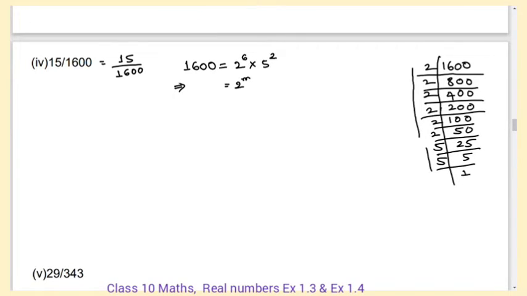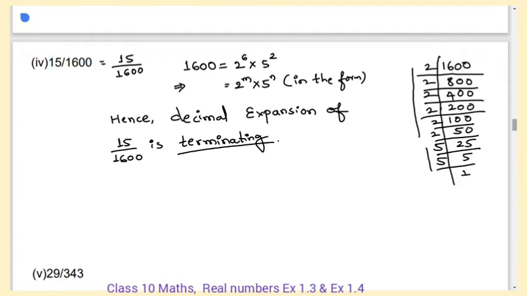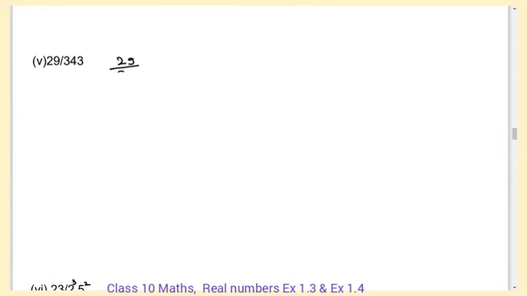So we have got in the form of 2 raised to m and 5 raised to n. Hence, decimal expansion of 15 by 1600 is terminating, because we have got in the form of 2 raised to m and 5 raised to n.